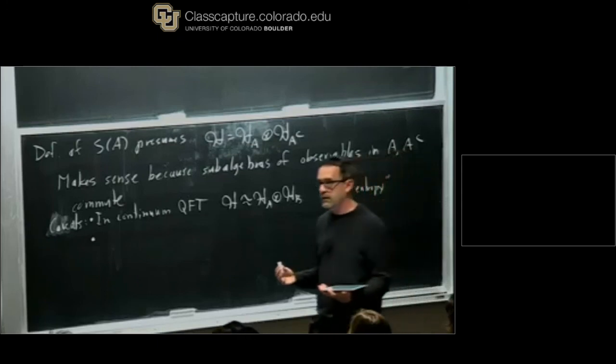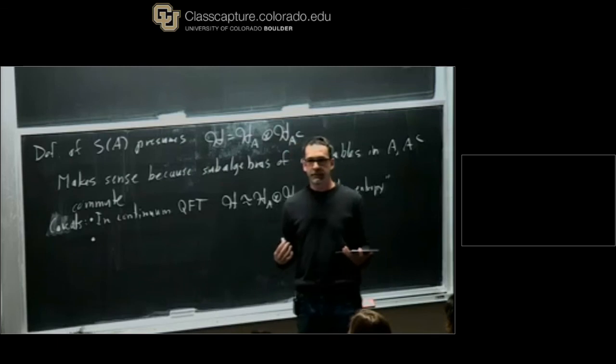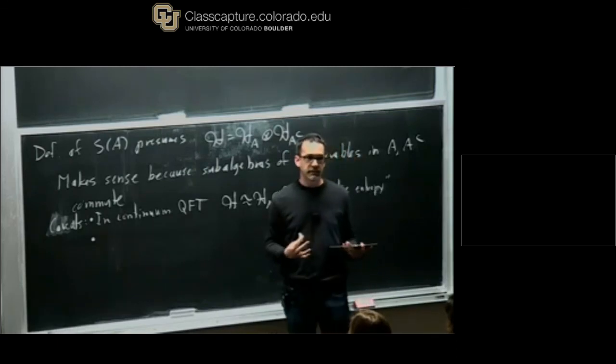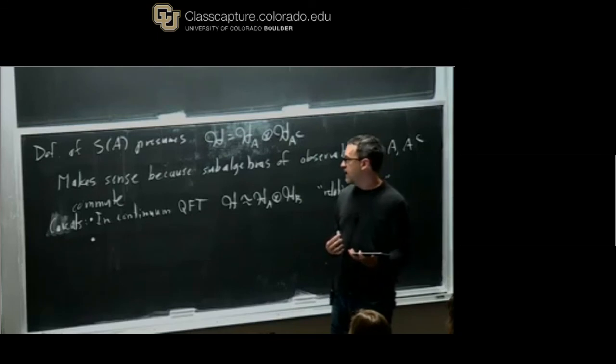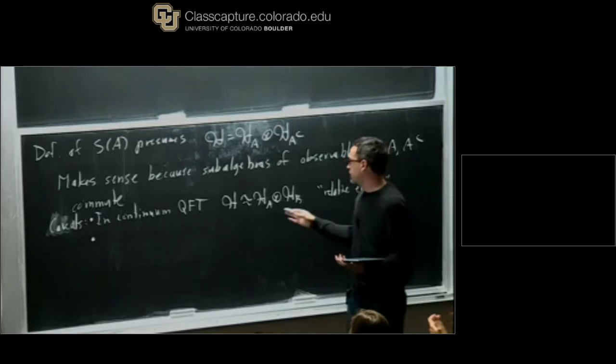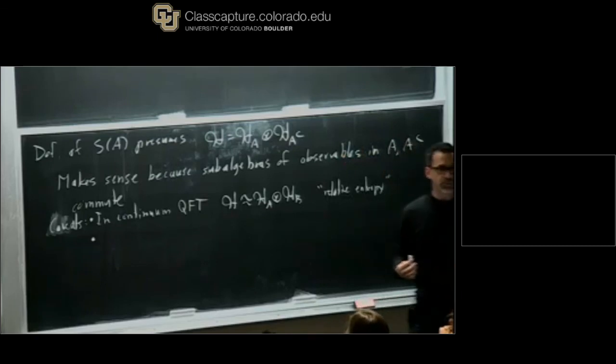Another way to say it is that what they really deal with in algebraic quantum field theory is subalgebras rather than Hilbert spaces. So they don't actually talk about the Hilbert space associated to a region in practice.